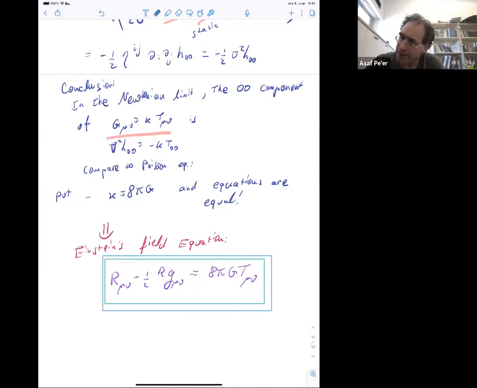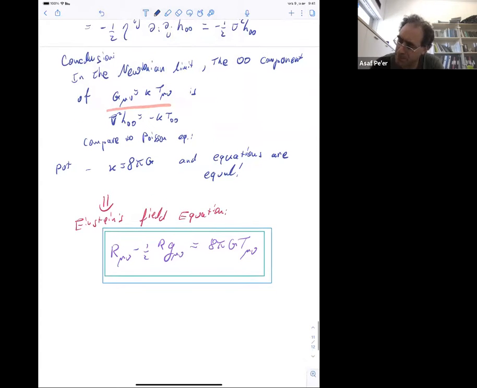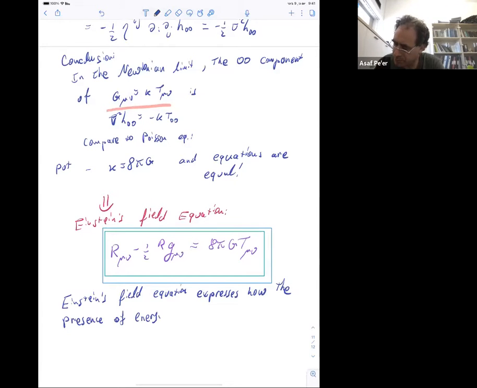I should express it: Einstein's field equation expresses how the presence of energy, mass, source curves space-time.